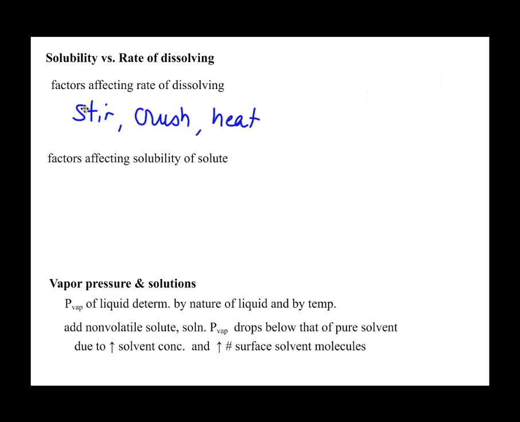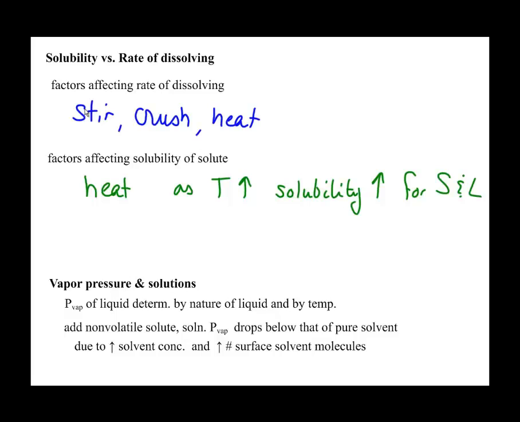The things that will affect how much of something will dissolve, or the solubility of something, there are two main things that will affect the solubility of something. First one is heat. As the temperature increases, then the solubility will increase generally for solids and liquids. If you think about soda, soda is a solution of gas dissolved in a liquid. If you heat it up, will you be able to dissolve more gas or less gas in your solution?